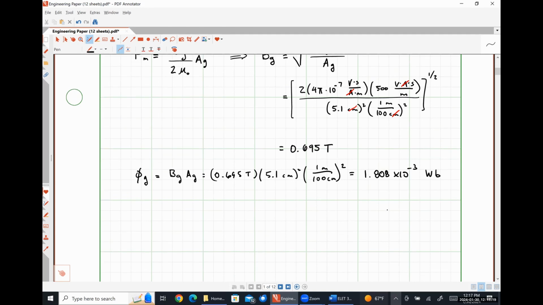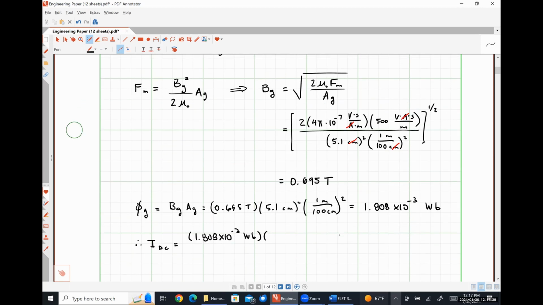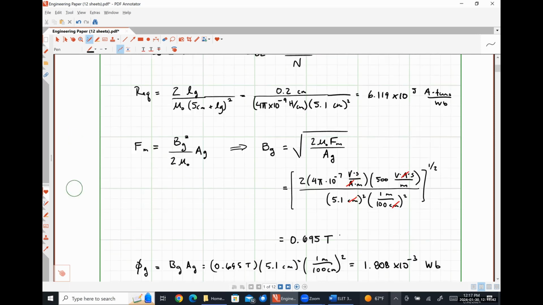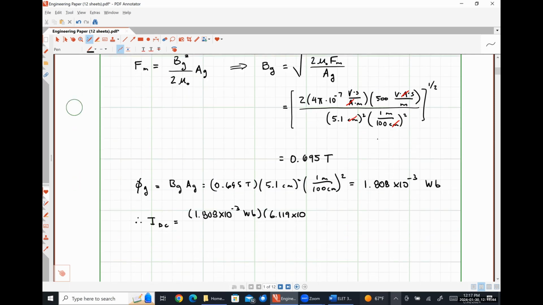And now my DC current is my flux, so 1.808 times 10 to the minus 3 Webers times my equivalent reluctance, 6 times 10 to the 5, if I'm not mistaken, amp turns per Weber, divided by my number of turns, which is 400.